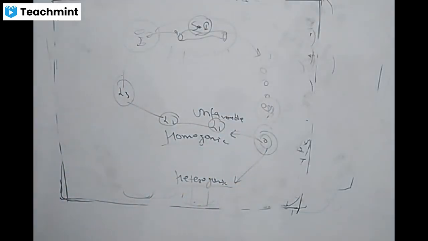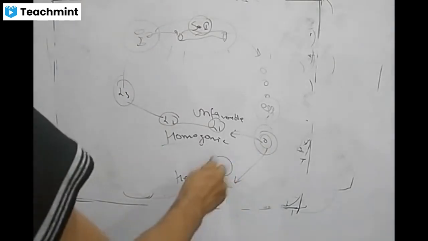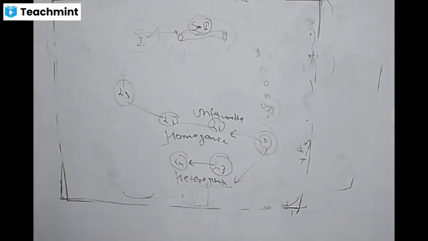Suppose the environment or condition is favorable, then it will show the free living path. This is L3, becomes L4 and becomes L5. Then after L5 there is adult.